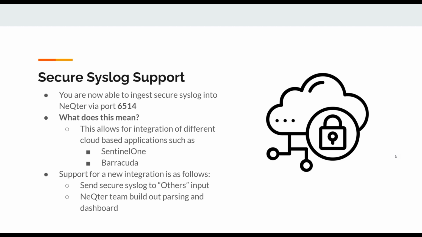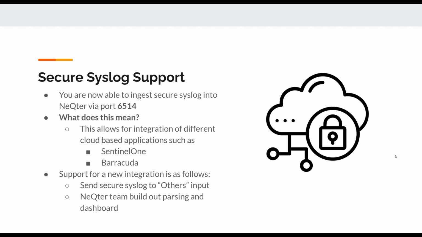Of course, you'll have to allow firewall rules or network rules on your side to make sure that 6514 can get to NeQter. And if it's external, you'll have to make sure it can go from external to internal to get to NeQter. But we're able to support that now.